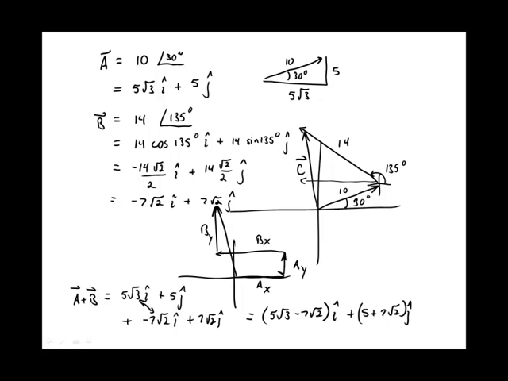In other words, you put all the i components together, you put all the j components together. And if you work this out mathematically, you're going to get a number with a little bit of x in the negative direction and a pretty good sized y. And that's exactly what you see when I draw it out. It's not exactly to scale, but it's pretty close.